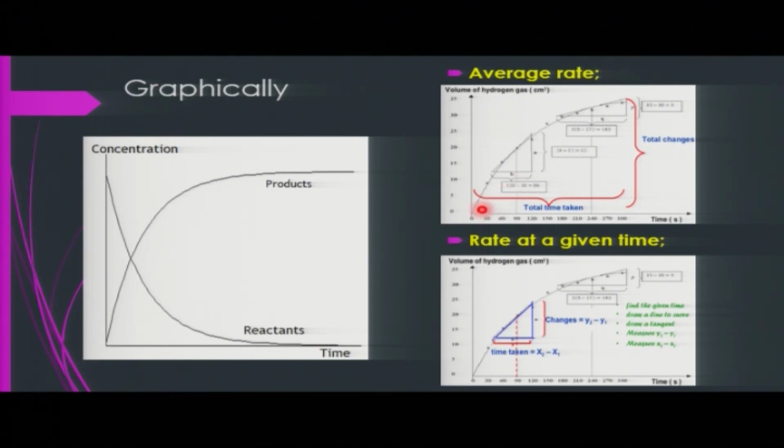Also, through experimentation, you can directly get the rate at a certain time by calculating the slope or the tangent at that point, as you see in this illustration. Briefly, this is what we covered in the last lesson. I'm just bringing you up to speed if you happened not to be part of that lesson.